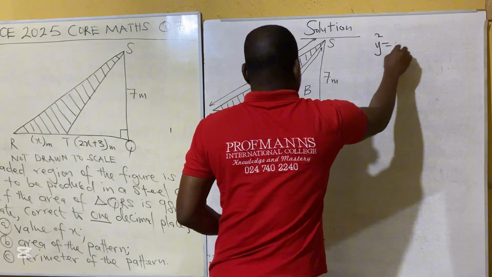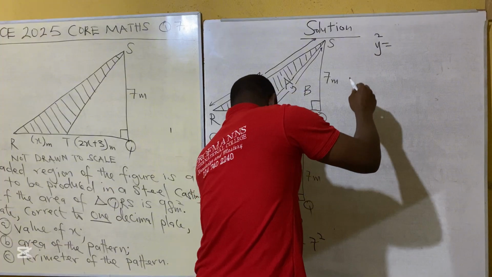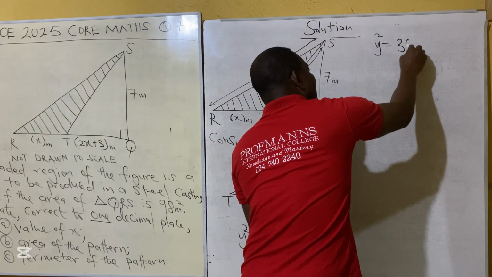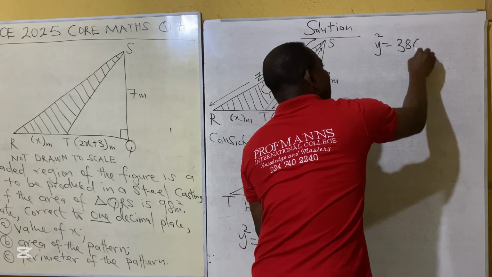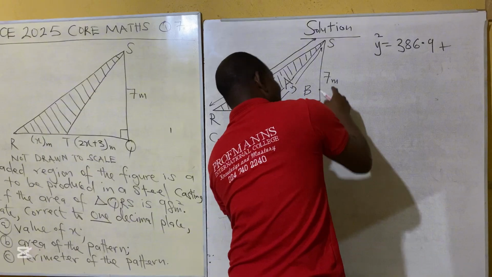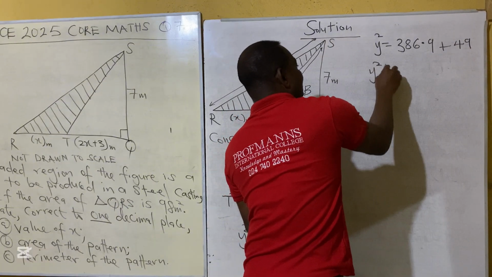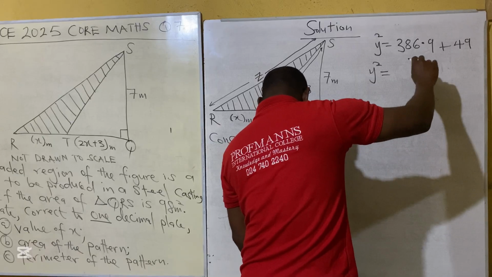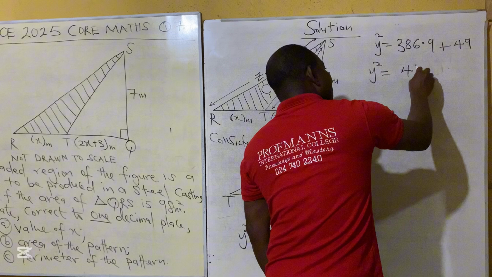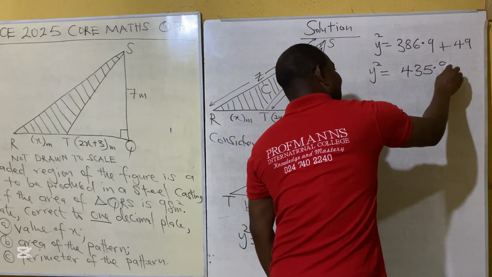Y squared is equal to, when we square 19.67, 386.9, plus, when we square 7, 49. So y squared is equal to 435.9.